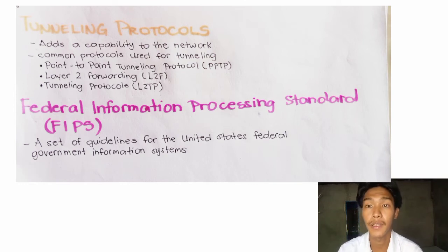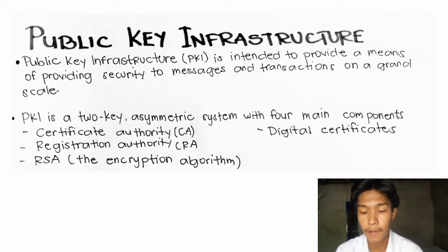Slide 15. Federal Information Processing Standard, FIPS, a set of guidelines for United States federal government information systems. And in slide 15, public key infrastructure.